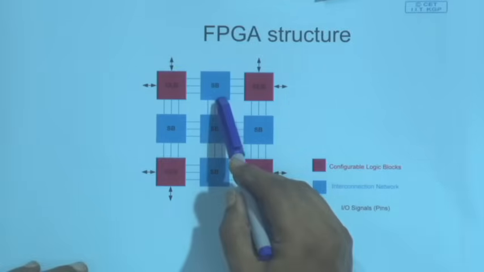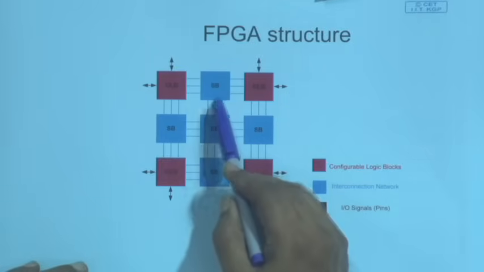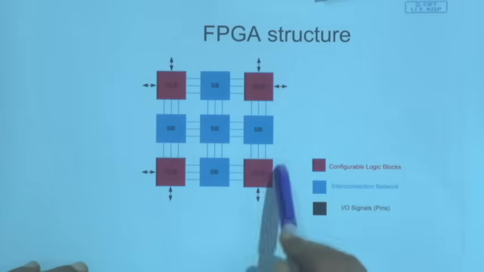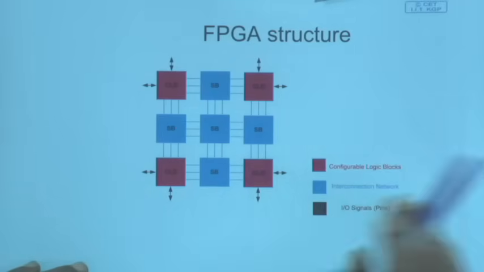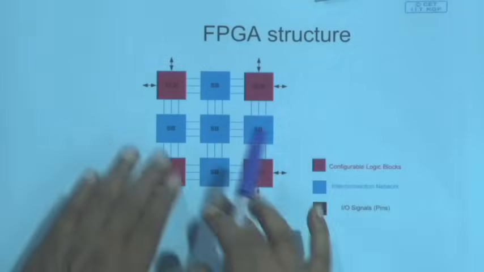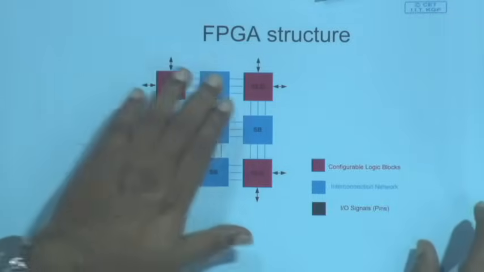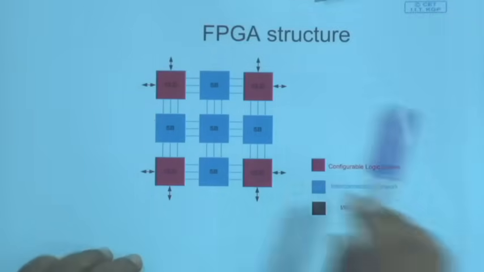These are interconnection networks, and there are I/O signal pins. That is the overall layout with the 4 CLB system, all right. Now, what is there inside a CLB? This is clear? So, we have got the switch boxes and the CLBs.